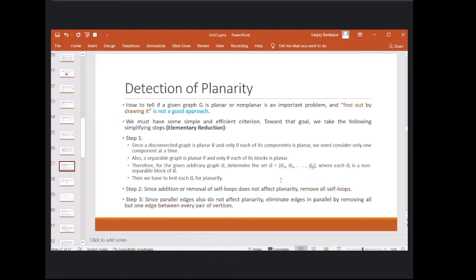and trying it out is not a feasible approach in all conditions, right? When I say all the conditions, I mean when the given graph is very complex, having a large number of vertices and edges. So just to quickly refresh, first we can apply elementary reduction such that the given complex graph becomes simple, free from loops and parallel edges.